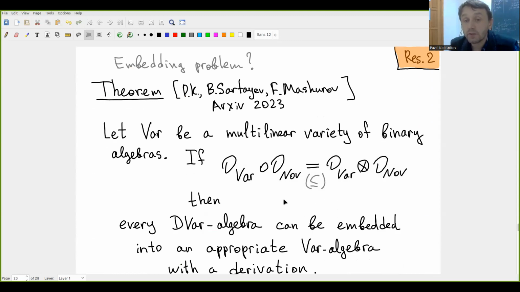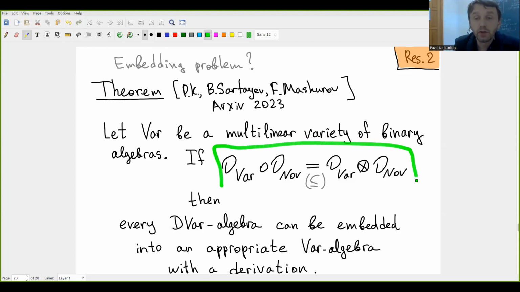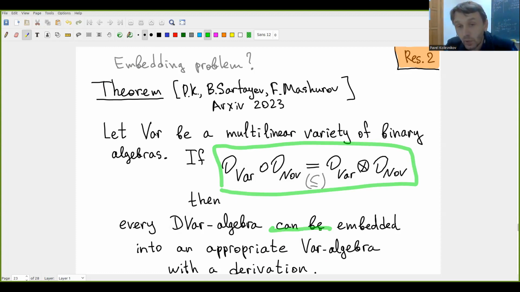If they coincide, then every algebra from the derived variety can be embedded into an appropriate algebra from Var with a derivation. So this equation, let me select it here, is a sufficient condition for a positive solution of the embedding problem.